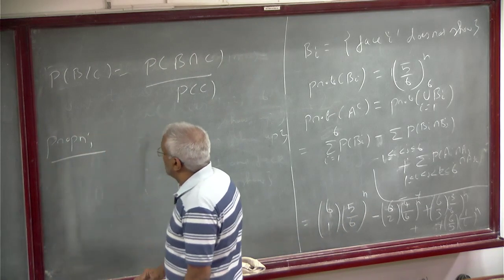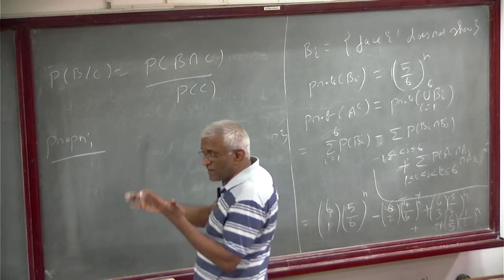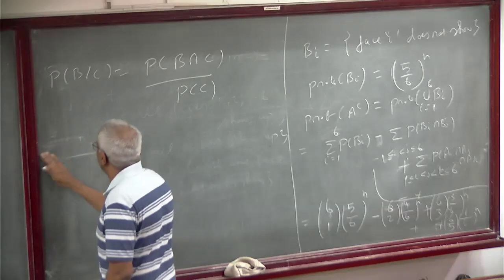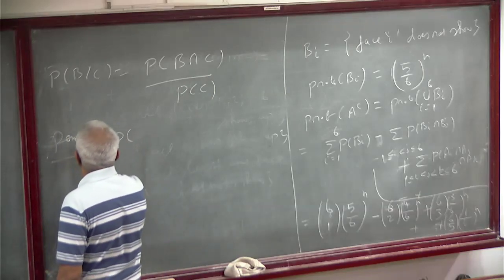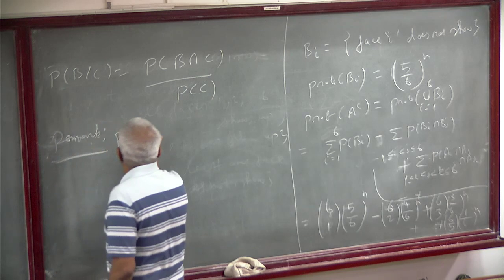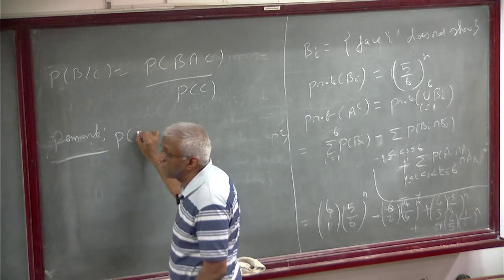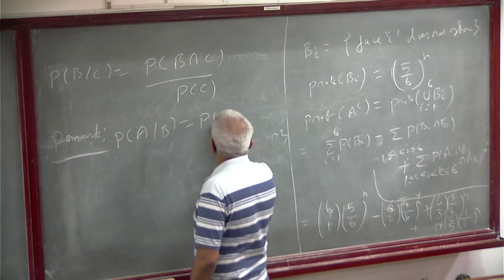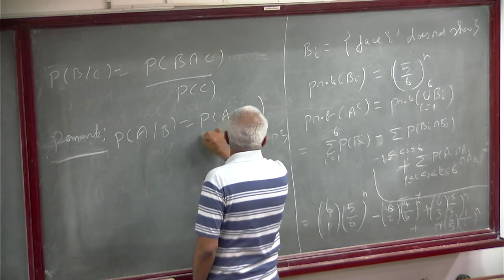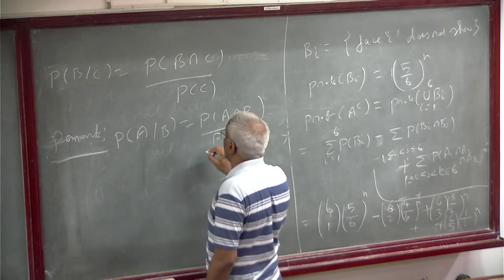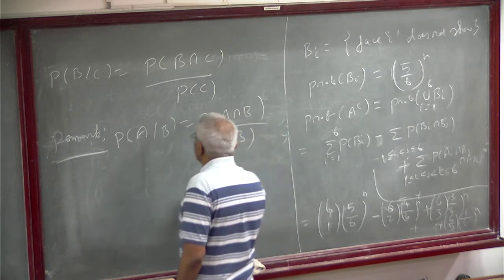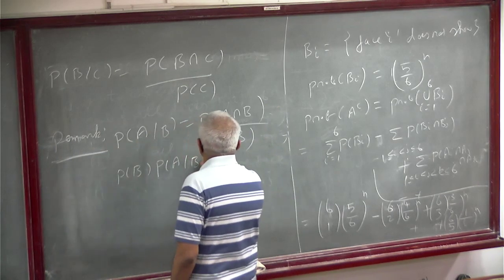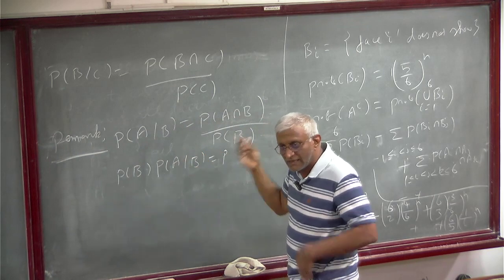Given that we have omega and a probability measure and all that, this is just a remark. These are all very easy consequences. Our definition is the probability of A given B equal to P of A intersection B by the probability of B. This implies the probability of B times the probability of A given B is equal to the probability of A intersection B. I'm repeating it because I may get confused.